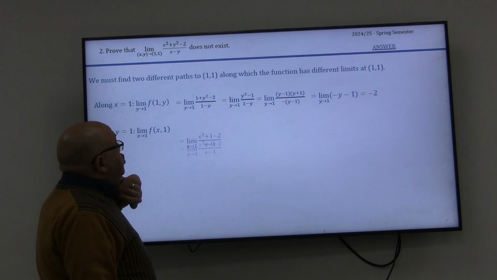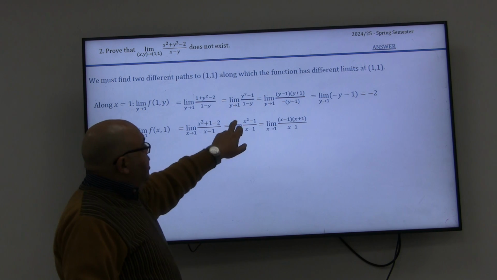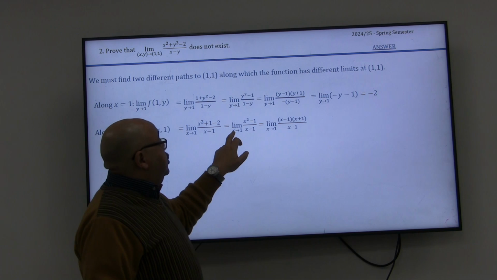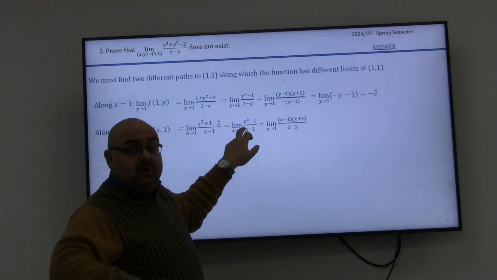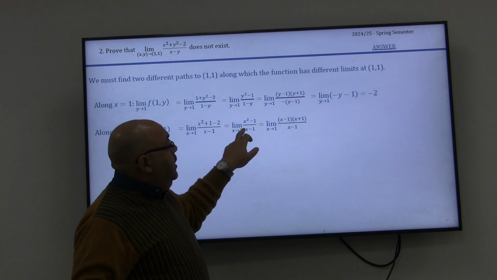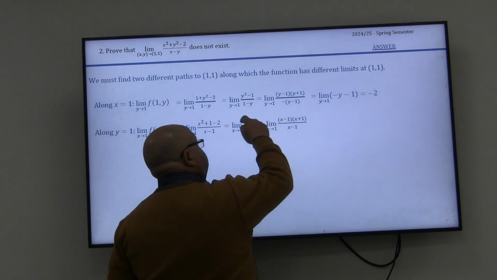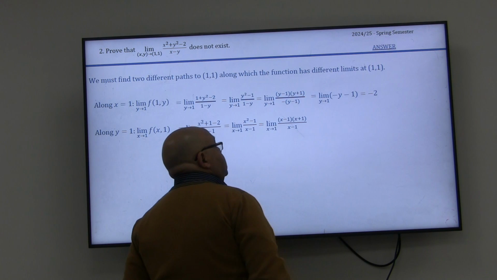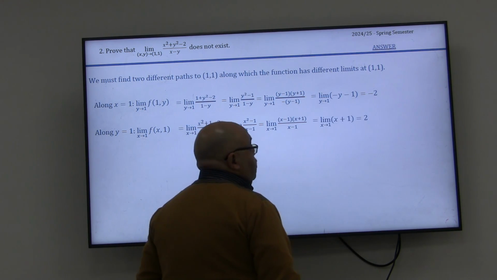So it's going to be x squared minus 1, in a similar manner, divided by x minus 1. If you substitute x equal to 1, 0 over 0, so it's exactly the same: the difference between two squares factorization, then eliminating these brackets, and the end result is equal to 2.